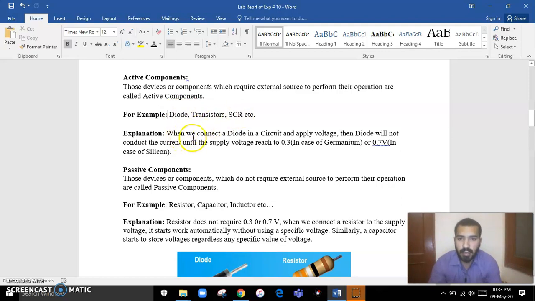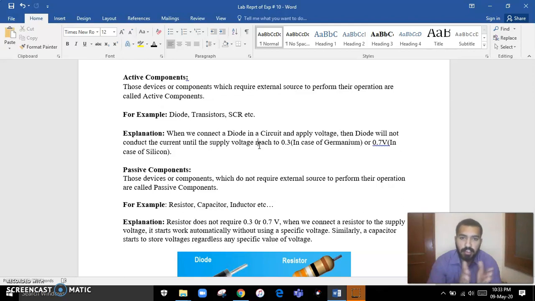Just like I have explained here, when we connect a diode in a circuit and apply voltage, that diode will not conduct current until the supply voltage reaches 0.3 in case of germanium and 0.7 in case of silicon. So a diode is a device that performs its operation when we turn on the source voltage.